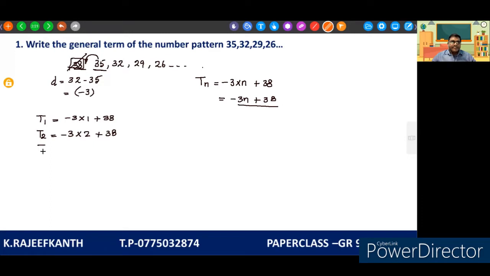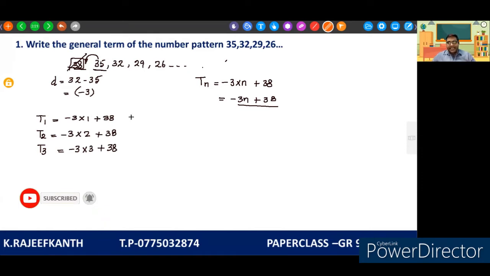Then the third term is -3 times 3 plus 38. Here -3 times 3 is equal to -9. -9 plus 38 is equal to 29. So in this way we can arrange a pattern. If we want to find the first term, we have to multiply the difference by 1.